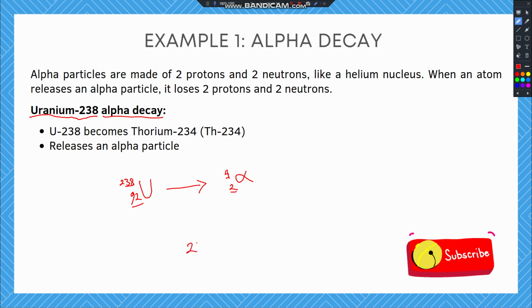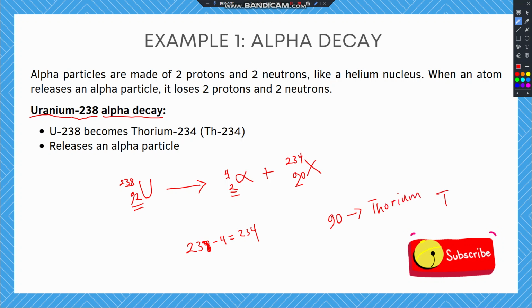So when we remove 4 from the mass number, which is 238, 238 minus 4 gives us 234. So we have a new element having a mass number of 234 and an atomic number of 90, because 92 minus 2 gives us 90. So now the question is, what element has an atomic number of 90? It is the element called thorium, and thorium has the symbol Th.